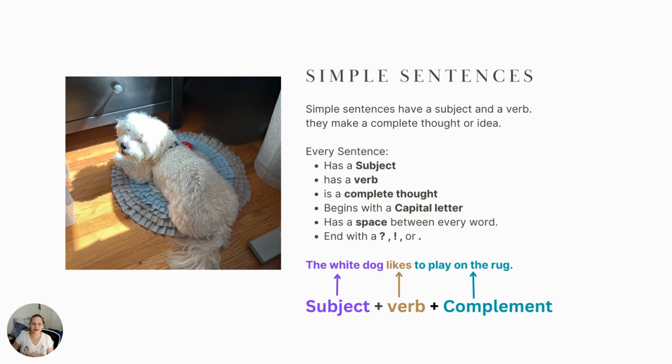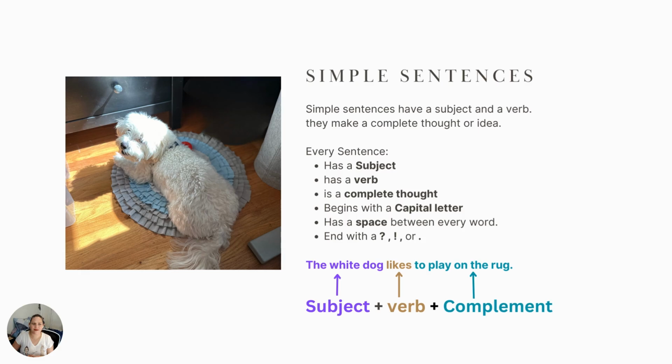In this example we see here, we have: the white dog likes to play on the rug. So the subject will be the white dog, right? In this case, it's a noun phrase. And then comes the verb, to like, which would be the verb.